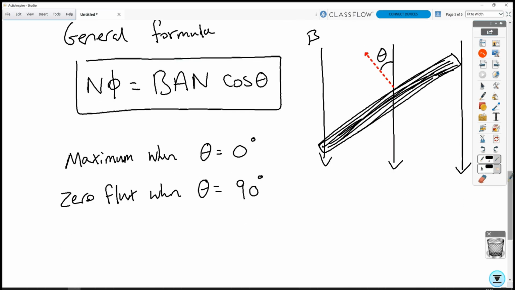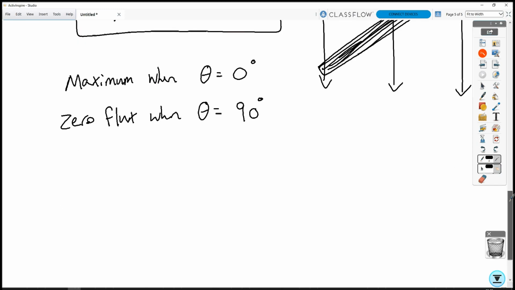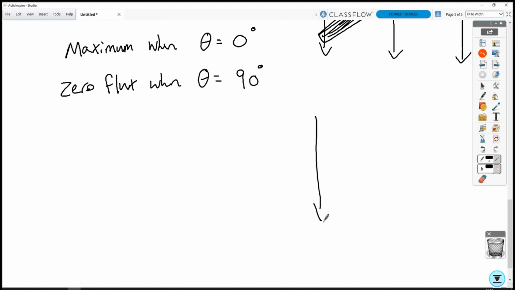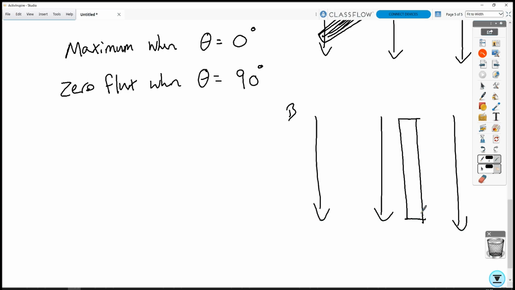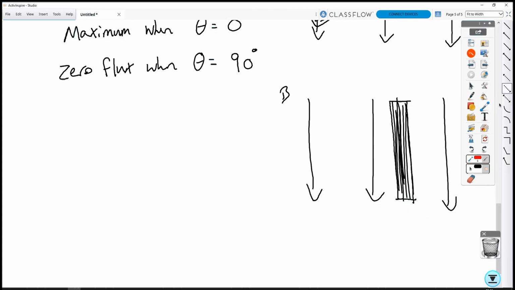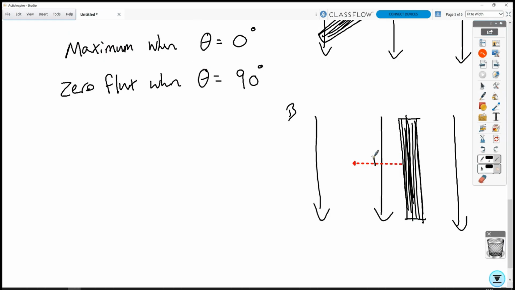Once you start to rotate it, less and less flux passes through the coil up until, let's rotate it a little bit more. So I'm going to rotate it now fully 90 degrees. So here's our coils here. Again, N number of coils. And I'll draw the indicator. And that now forms 90 degrees with the field lines.